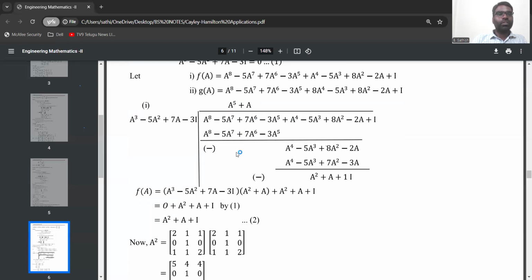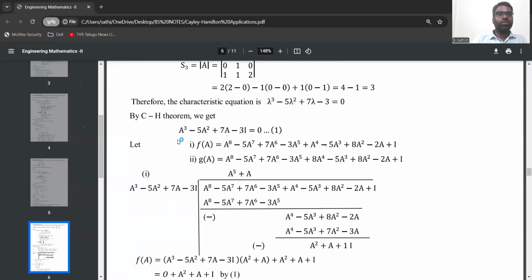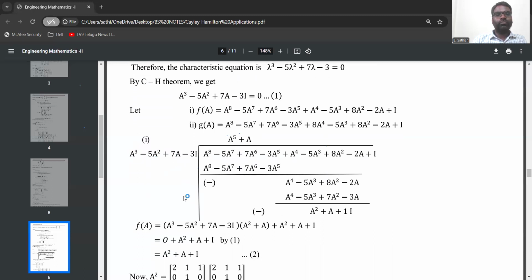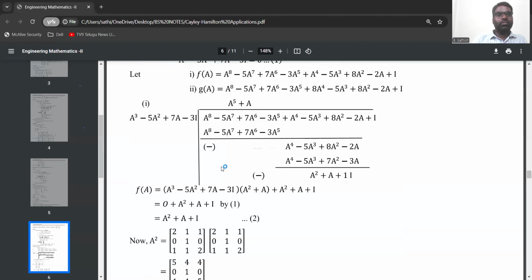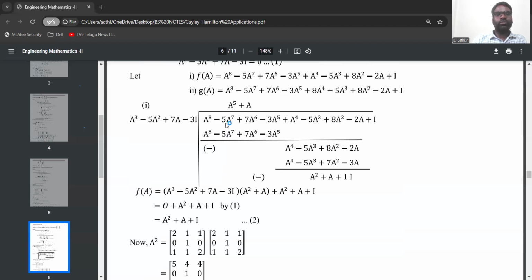Here, from the above equation, by substituting A in the characteristic equation, that is equation 1, we are getting A cube minus 5A square plus 7A minus 3I. We are dividing this equation by A cube minus 5A square plus 7A minus 3I.